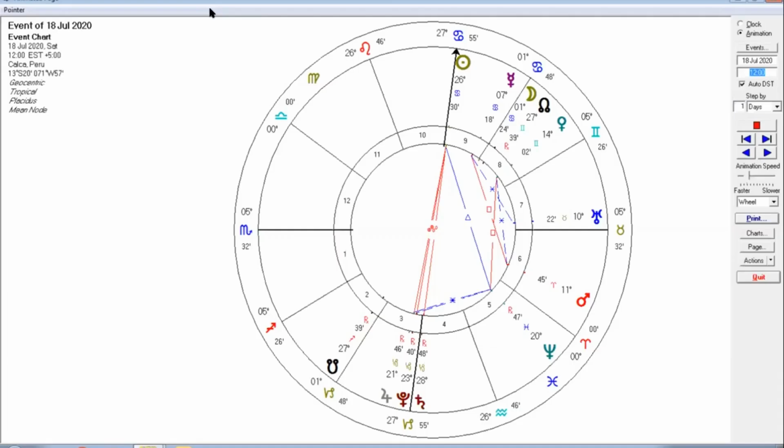And the houses are the where, which area of life. That will make more sense later, but that's essentially how they're divided. You have a what, a how, and a where. And the fourth area of the chart, the aspects, is the connections between the planets, how the different energies relate. So what, how, where.